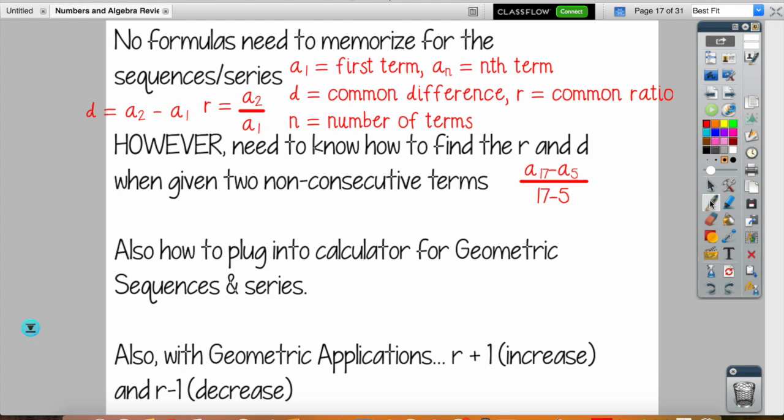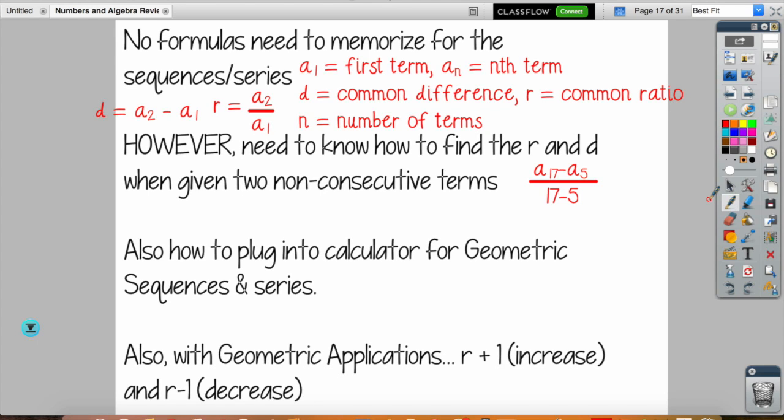You also need to know how to plug it into your calculator for geometric sequences and series. Use your parentheses or just divide it into pieces, into parts, so that way you're not making any mistakes. And with the applications, whenever it's geometric, if it's talking about an increase, you always do 1 plus your rate. Decrease is 1 minus your rate, okay? So don't forget about that.